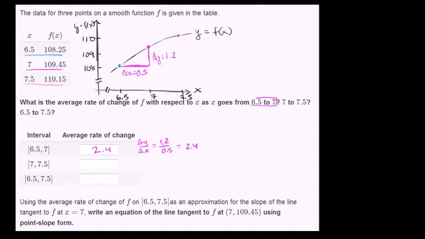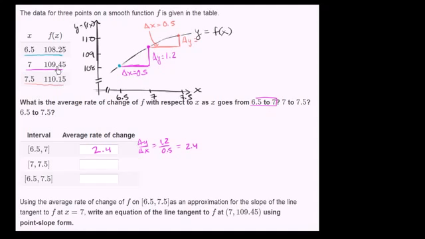Now let's do the next interval. Our change in x, once again, is 7.5 minus 7. That's hard to read. Let me write that a little bit neater. So our change in x is still 0.5, 7 to 7.5. And our change in y, let's see, we end up at 110.15.